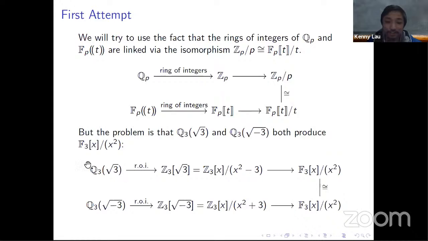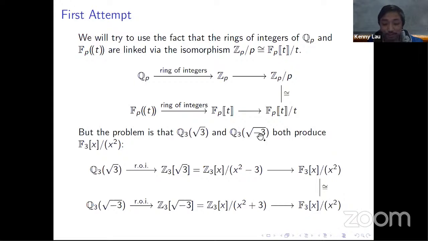So any two totally ramified extensions of degree n will become the same if you descend them to F_p. So this is the hint that the reason this fails is because of ramification, because of these extensions which reduce to x to the n.